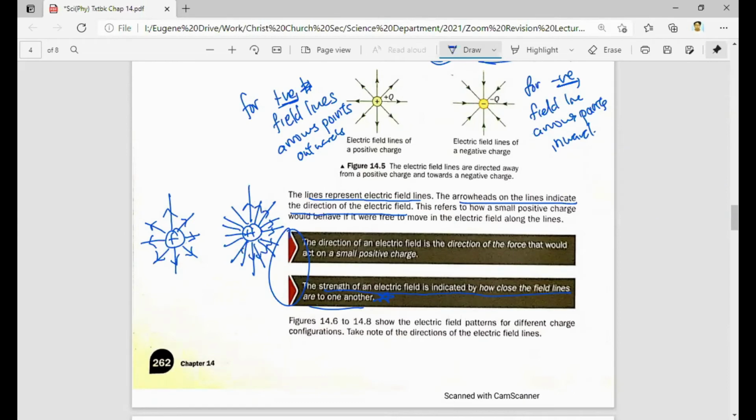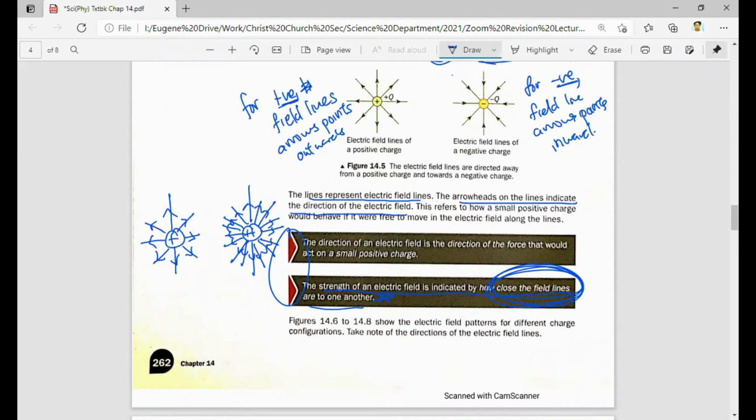Why did I draw so many lines for the double positive charge? It's because if I have a double positive here, the strength will be greater. And how do I indicate that the strength is greater? I show that the field lines are closer. So by drawing more lines, I'm actually making the field lines become closer to one another.